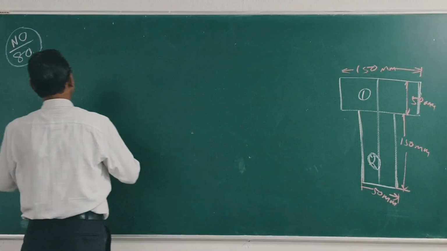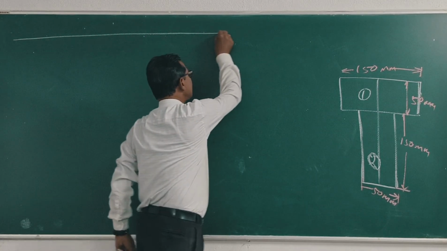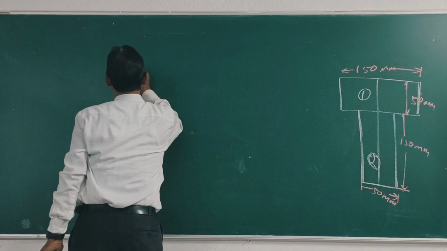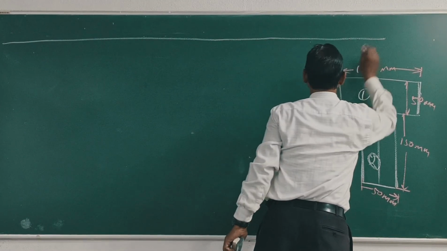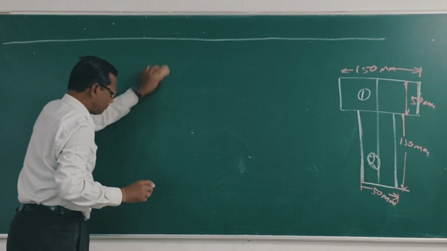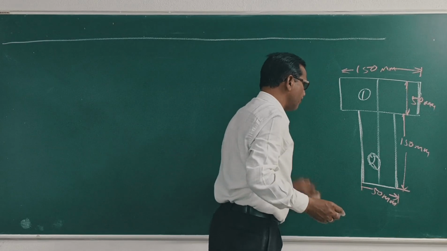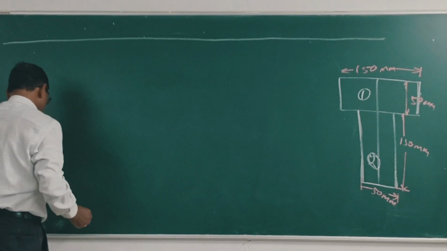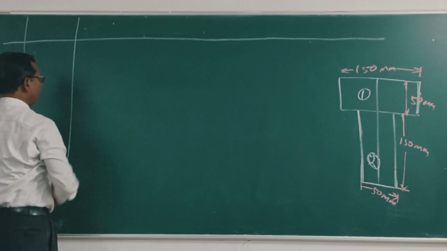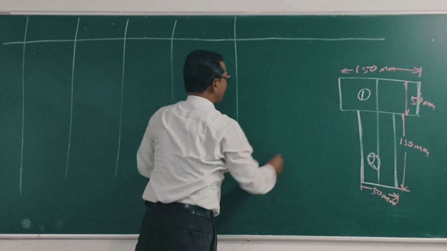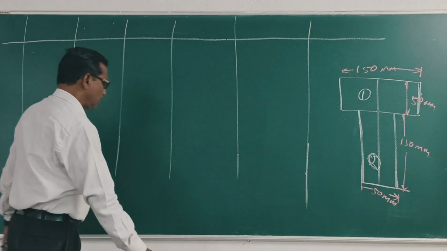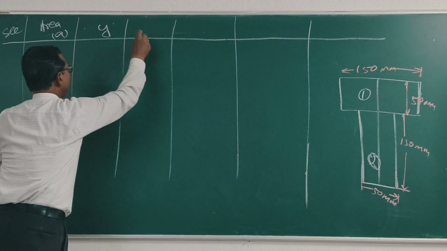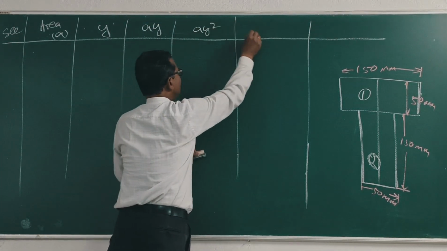Now, draw the table with columns: section, area A, y, Ay, Ay square, IG.